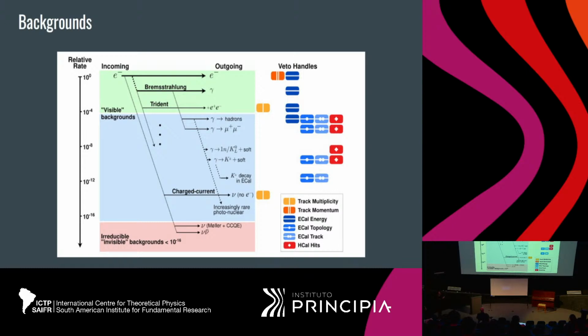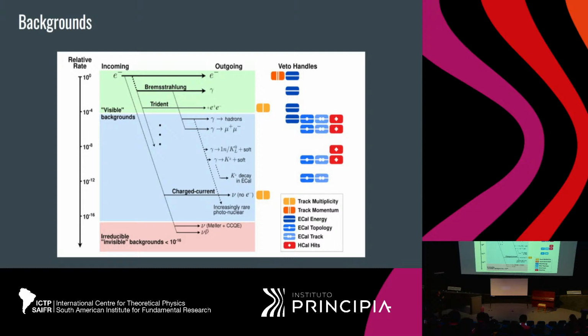So we tried to make a list of all these processes. I won't go into detail of everything here, but they thought also, for each of these backgrounds, about which handles they can use to reject them. So many possibilities are shown here, and depending on the kind of event, they hope to be able to arrive at a zero background measurement.